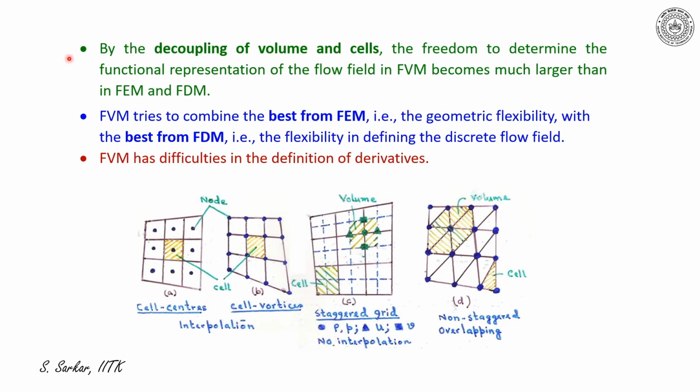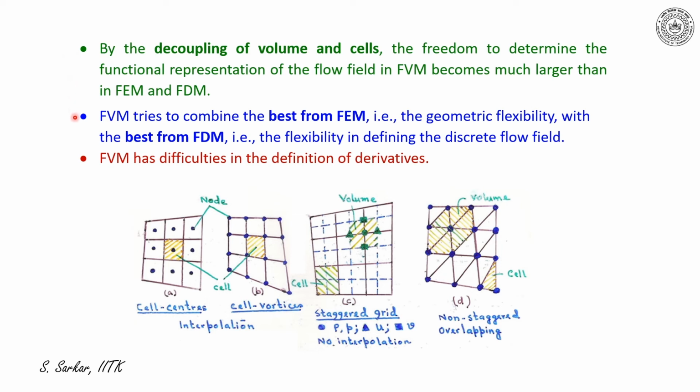Thus, by decoupling the volume and cells, the freedom to determine the functional representation of the flow field in finite volume method becomes much larger than in finite element and finite difference method.